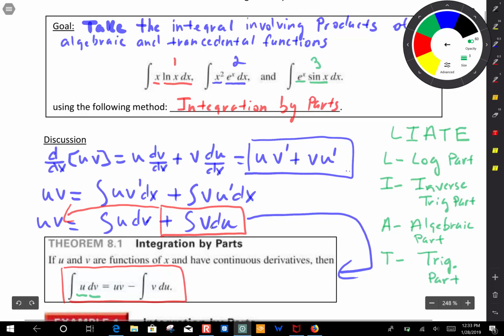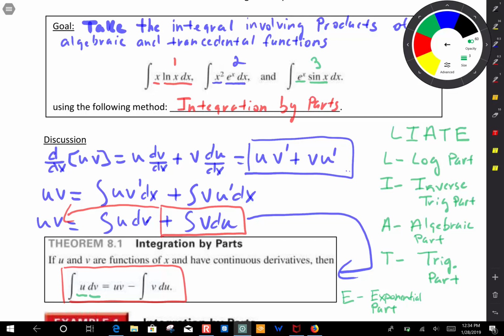And last, E stands for the exponential part. This is a pretty good mnemonic to help you determine which is going to be your u and which is going to be your dv. Your u is going to be the first one on the list, then your dv is going to be the one that's second. I'll show you what I mean by first and second as we work problems.